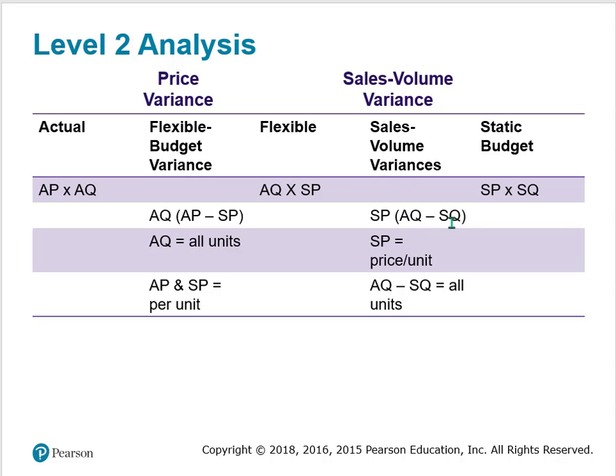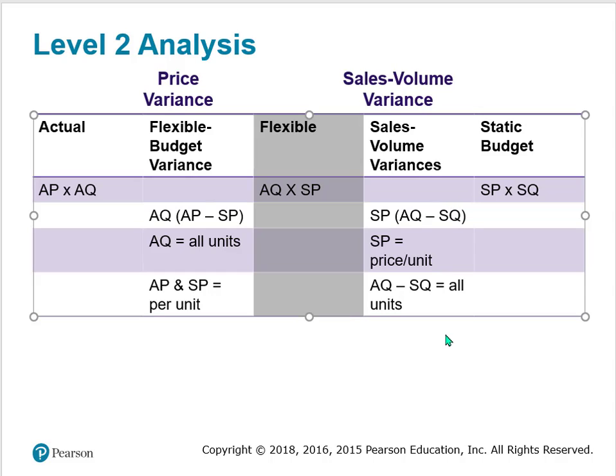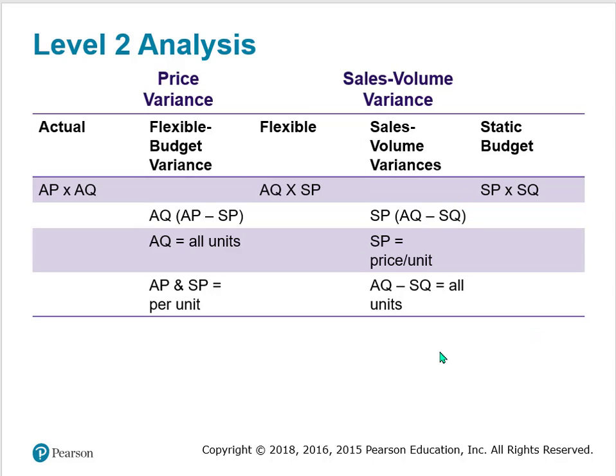You can't have a big number here with the total selling prices times the total quantity. That wouldn't make any sense. One has to be per unit, and one's going to be a big number. And the other thing is that the standard quantity is the standard quantity for actual units produced. We'll look at that when we look at more of the solutions to the problems.